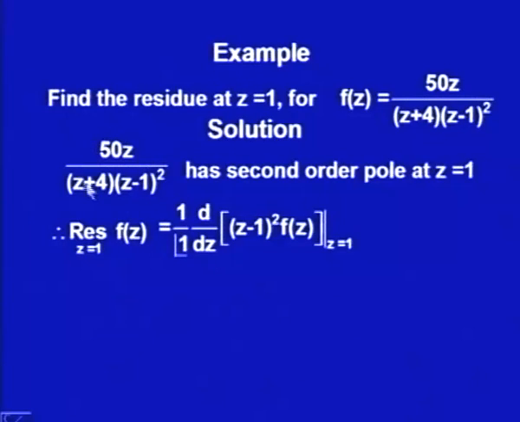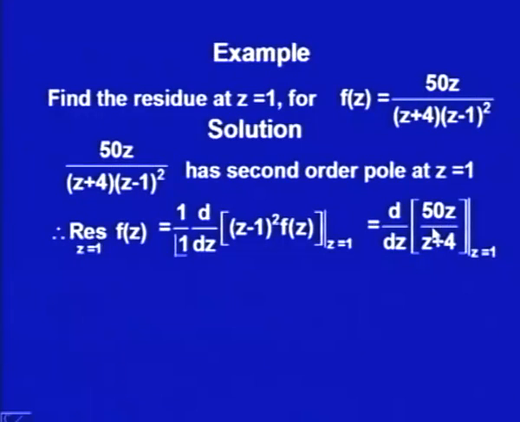If I multiply f(z) with (z minus 1) whole square, I would get 50z upon z plus 4. So I have to find the derivative of 50z upon z plus 4. Whenever the function is of the form (z minus z naught) to the power m into f(z), this gives a simple function for the differentiation.